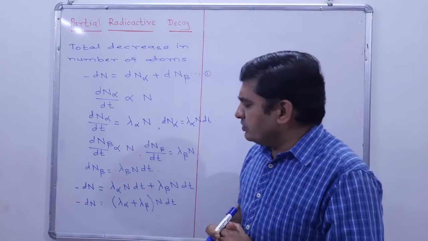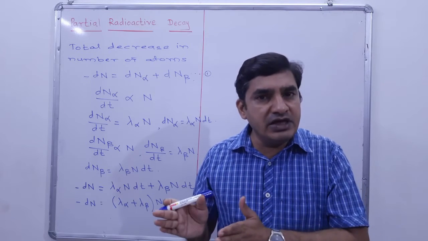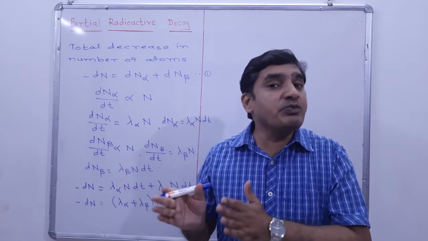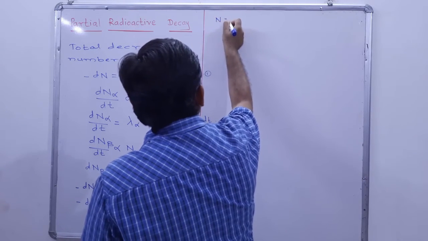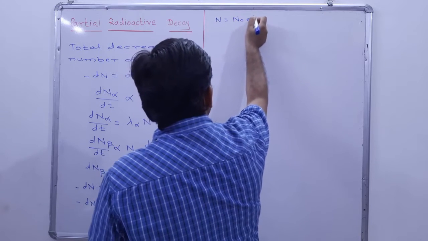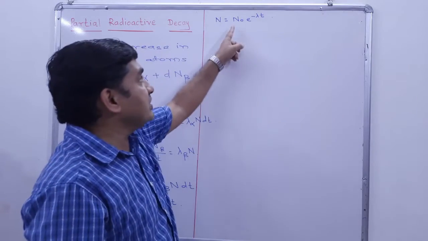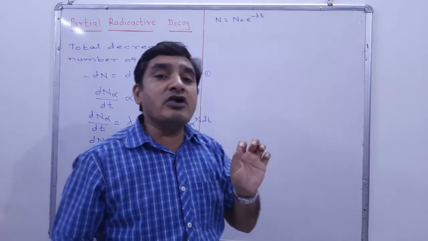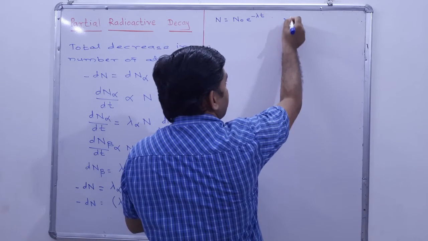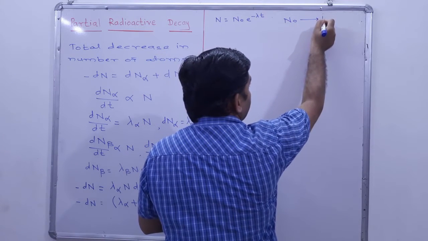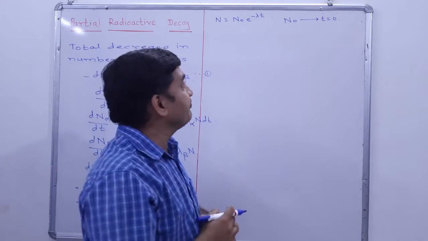Now, according to the law of radioactive decay, radioactive nuclei disintegrate exponentially with time, and therefore N is equal to N0 e raised to minus lambda t, where N0 represents the number of radioactive nuclei when t is equal to 0, that is, the initial radioactive nuclei.